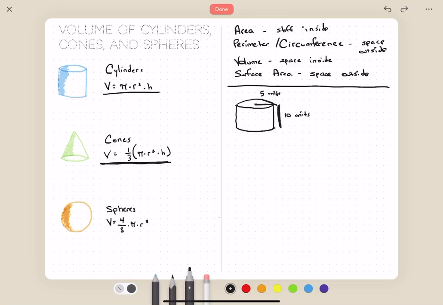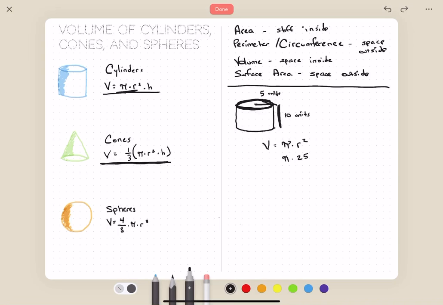All we need to do, okay, so we're talking about circle-based shapes, so we have to figure out this circle first, okay? So for volume, we're going to figure out the area of the circle, which we have right here, pi times r squared. So V equals pi times r squared, which is pi times 5 times 5, which is 25.